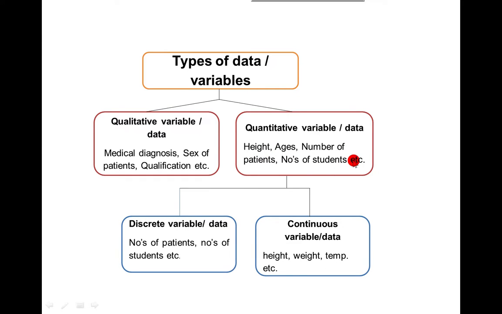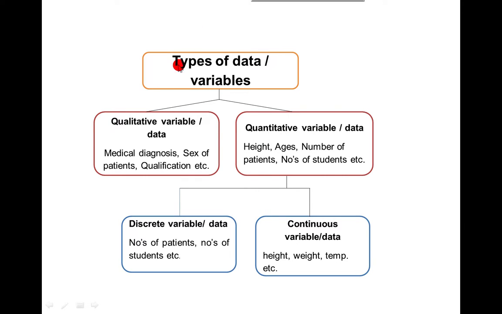Number of patients, number of students are discrete. Suppose the number of patients is 5; after 5 the next patient is 6, there is no patient between 5 and 6, 5.5 is not possible. So number of patients and number of students are discrete; height, weight, temperature, ages, etc. are continuous variables. And we select the distributions, formulas, and methods according to the types of data or variable. In probability we have 3 distributions according to your syllabus: binomial, Poisson, discrete, and normal, continuous.